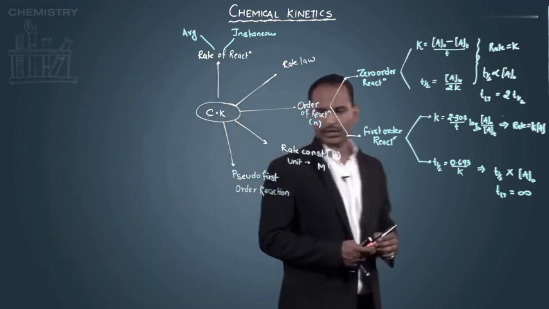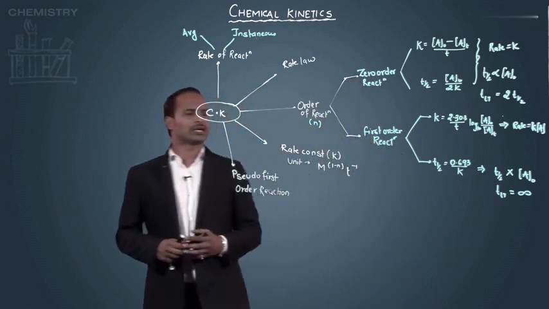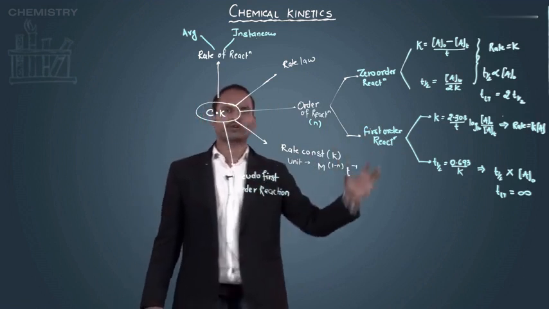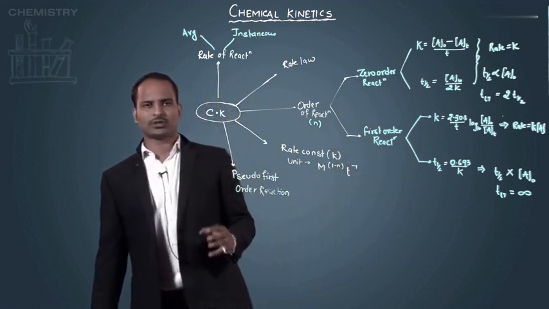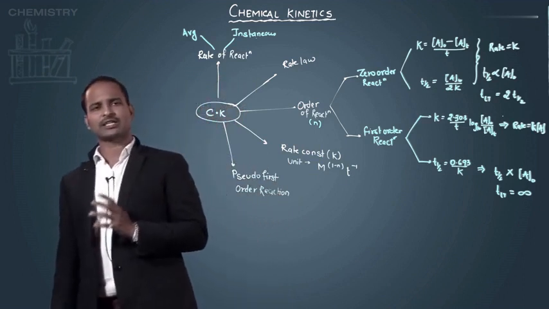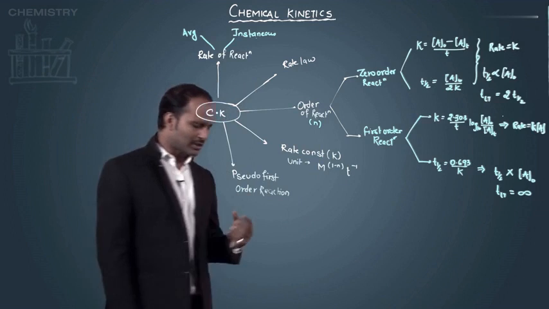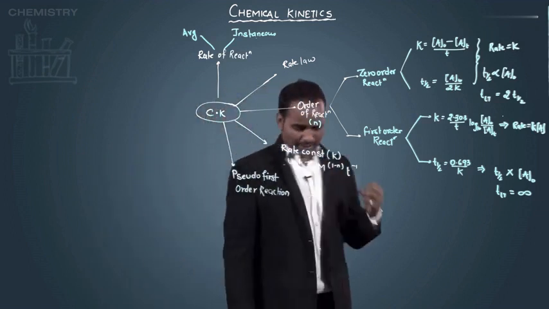What is a pseudo first order reaction? Simply, it is a reaction which is actually of higher order but acts as a first order. Originally the reaction is of second order or third order, but is found to behave as a first order reaction, and is called a pseudo first order reaction.